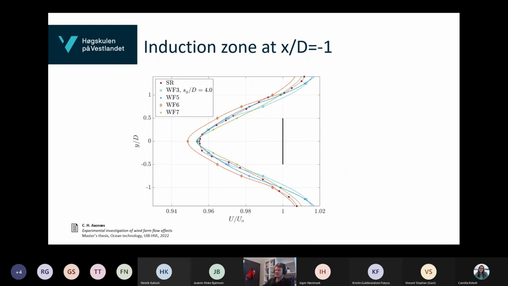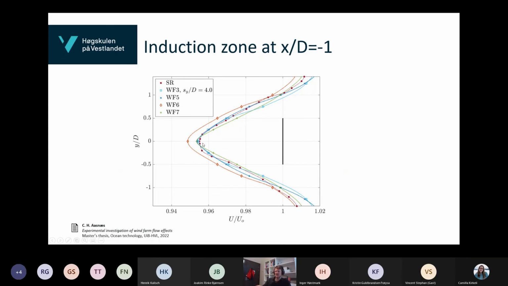If we compare now the induction zone at x over D -1, which is 1 diameter upstream, for different cases, we see that actually for a single rotor, or a single turbine or single disk, it's very similar to this Wind Farm 3 setup with a large separation distance. Also, the Wind Farm 5 and the Wind Farm 7 setup have a very similar upstream induction zone measured at this 1 diameter upstream.